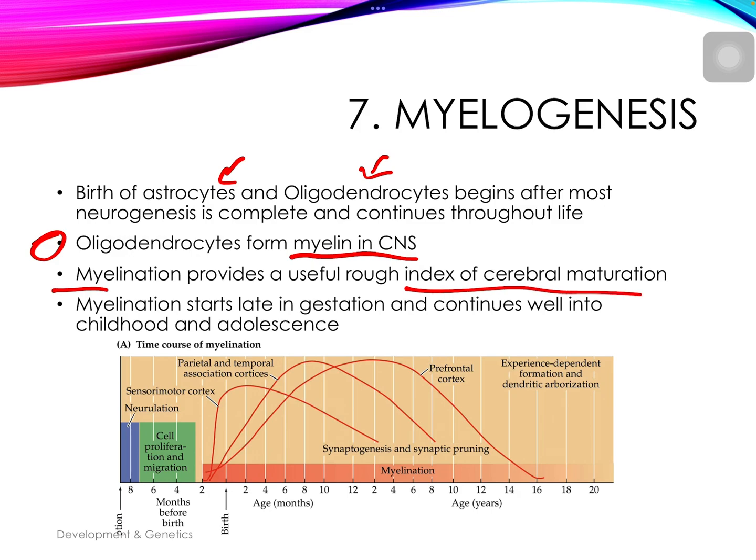And we know that myelination is important for having really good signal insulation to the axons to make sure that we can have really solid action potentials. And so myelination starts late in gestation, continues well into childhood and adolescence.